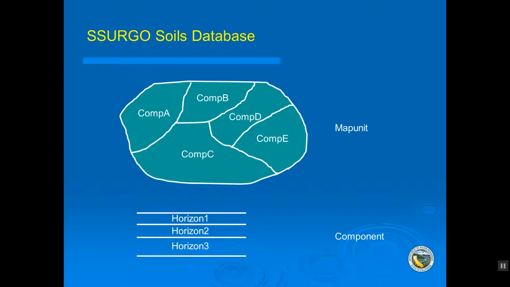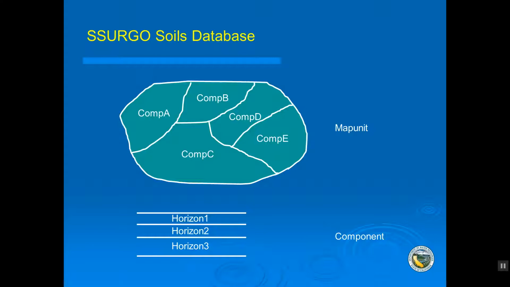And for this horizon, there's a representative saturated hydraulic conductivity, and there's a low value and a high value. They actually have a lot of different types of data for the horizons, including things that we are interested in.